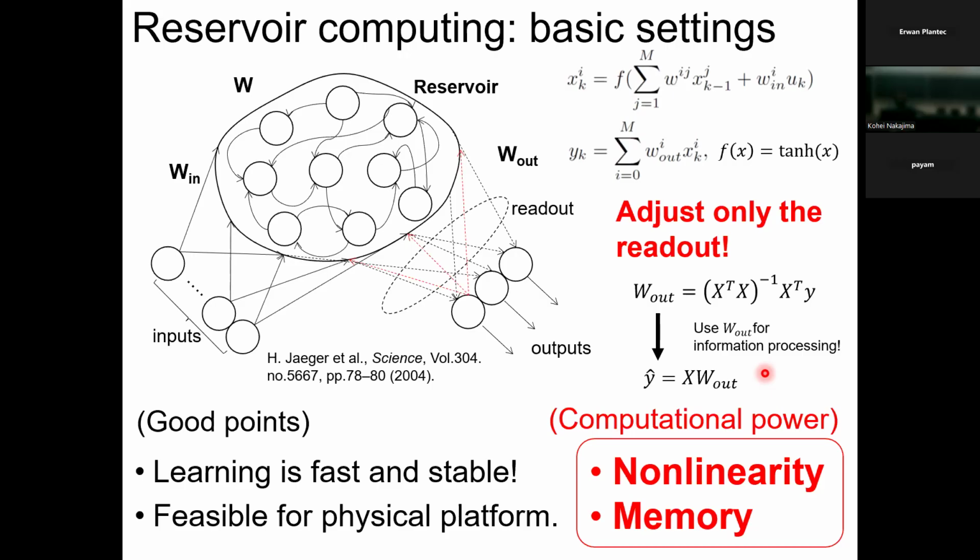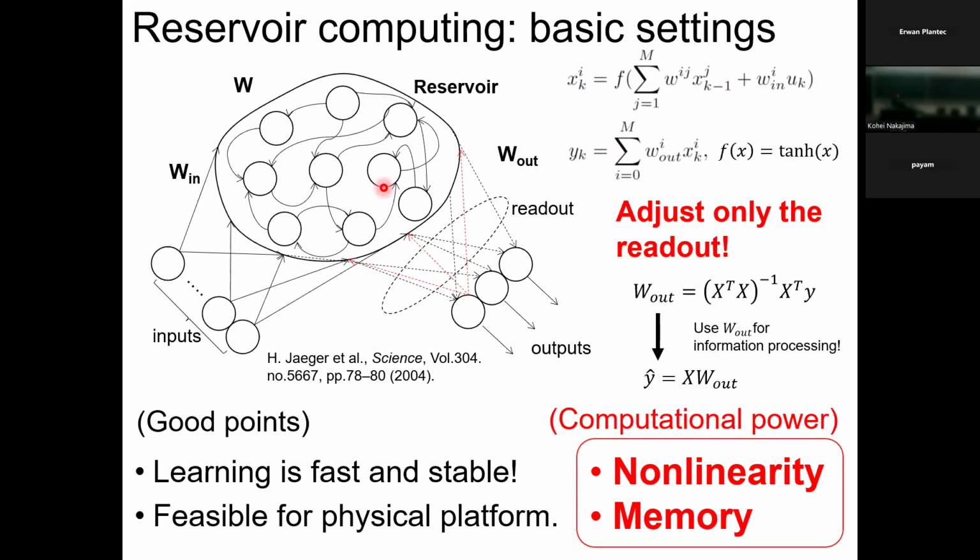By using this method, you tune all these weights inside the network, and you try to bring the entire network to some target function f. But in the reservoir computing approach, we don't do that. We only tune this readout part. And we prepare a huge amount of nonlinear elements randomly coupled to each other in the middle layer.